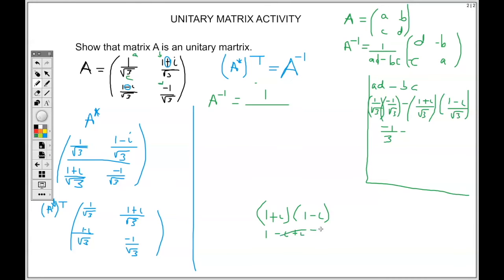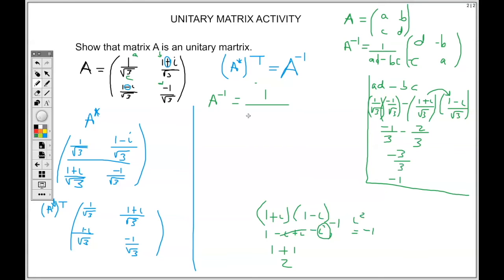That will cancel. i times i again, that's i squared, and we have our sign. But i squared is negative 1, so this will change to a positive 1. So what I really have is 1 plus 1, and that gives me 2. So in other words, the expansion for this is 2 over root 3 times root 3, that's 3. And then minus 1 minus 2, that's minus 3 over 3. And this will give me negative 1.